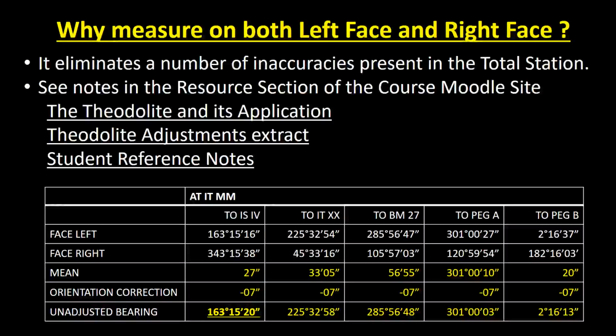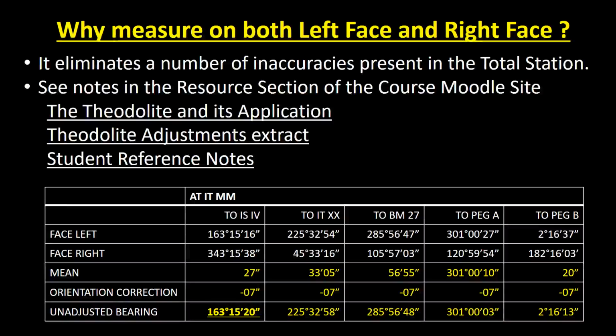So there's quite a lot of notes on this that I've provided in the course Moodle site, from the theodolite and its applications, theodolite adjustment extract, and some student reference notes. So quite a lot of reading on that, well worth looking at, just to get yourself in the zone and get a good understanding of this.